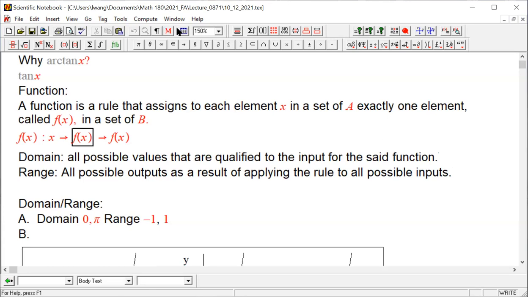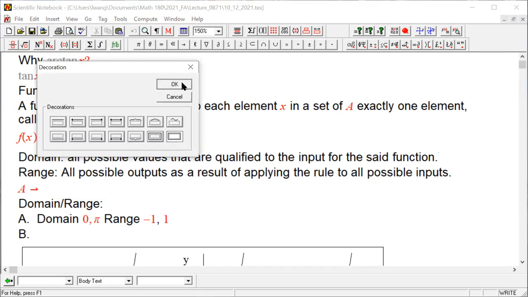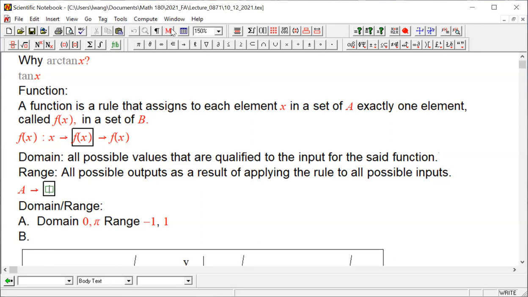This rule of tangent applies to angles, radians or degrees doesn't matter, and produces a ratio. What kind of ratio is dictated by the definition. In the definition, we have a set stage, upon a point on the terminal side of the angle.